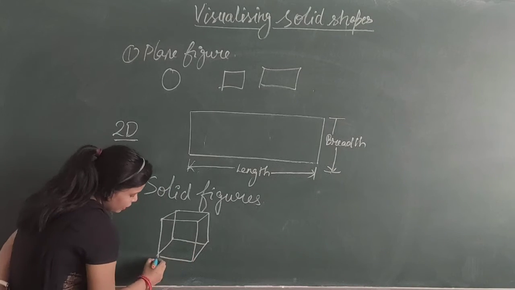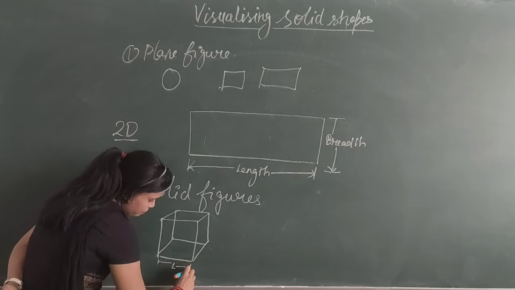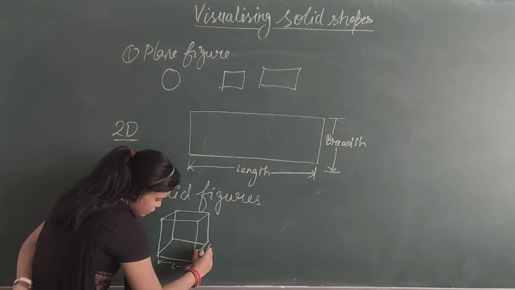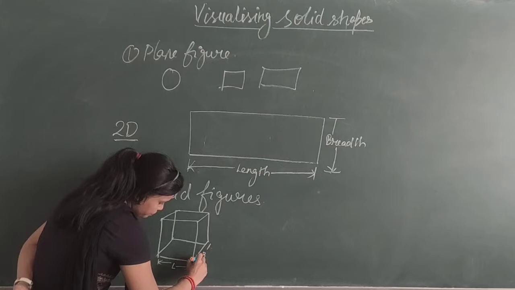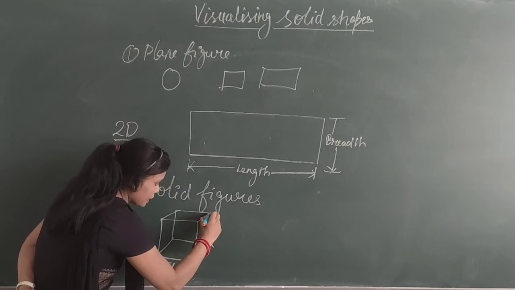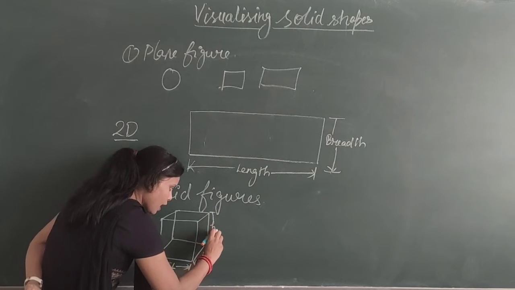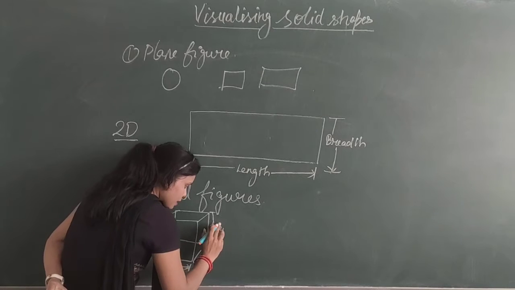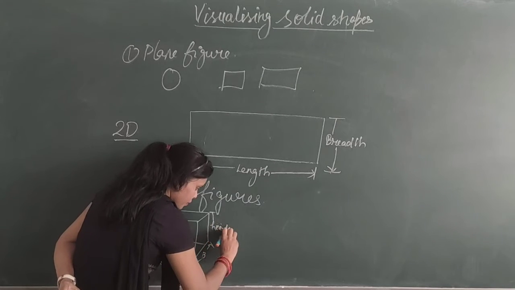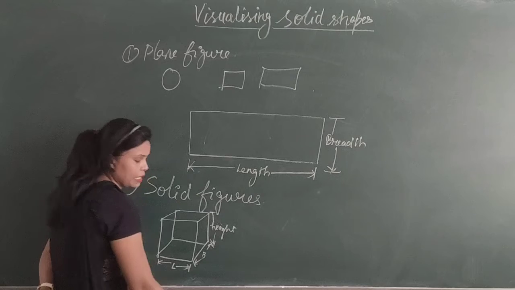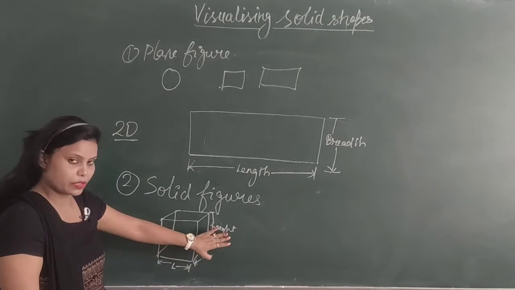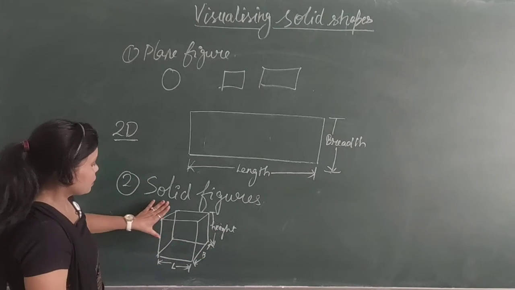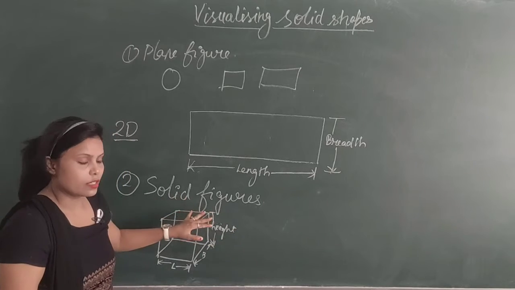This is the solid figure. It has length, it has breadth, but it also has height. It also contains height, right? Or we can say depth. Okay, so these are known as solid figures.